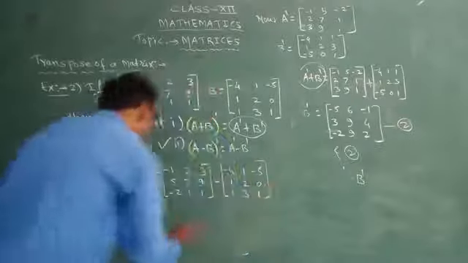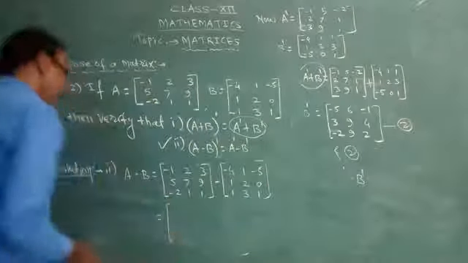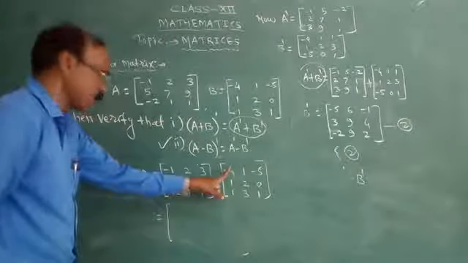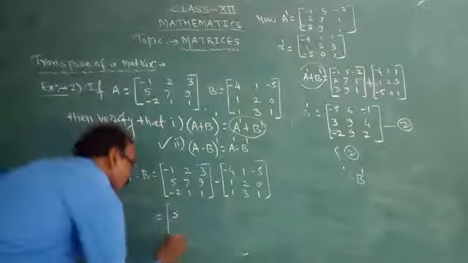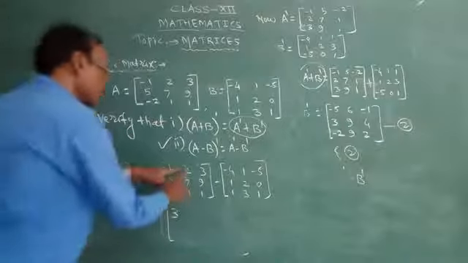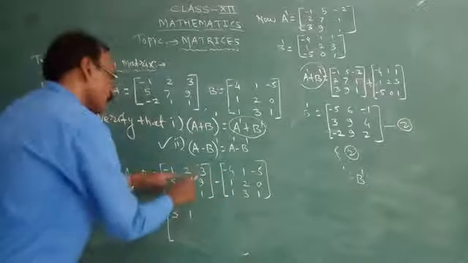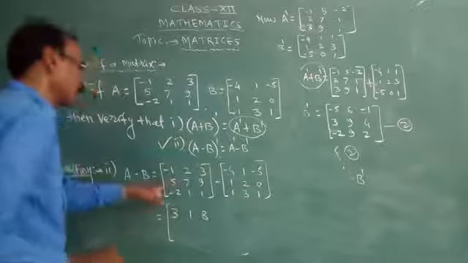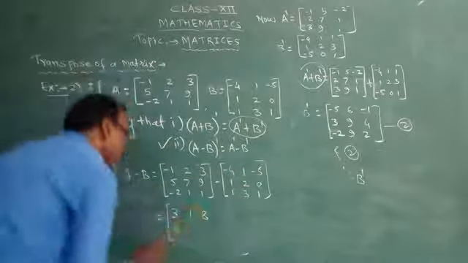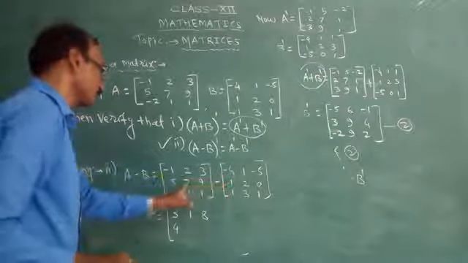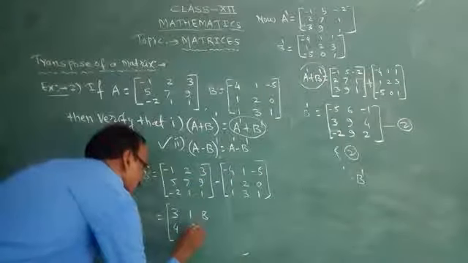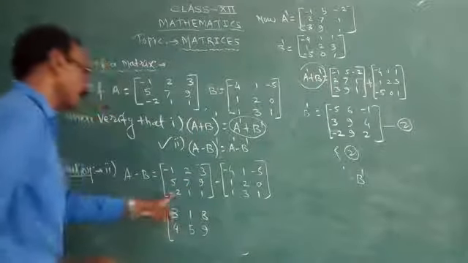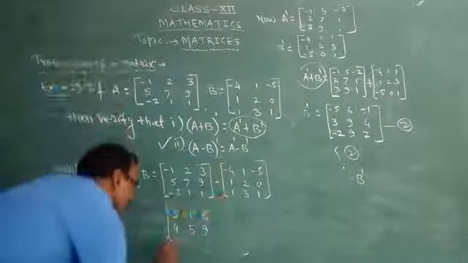So this gives me A minus B. Minus 1 minus of minus becomes plus, so it is 3. Then 2 minus 1 is 1, 3 minus of minus 5 is 8, 5 minus 1 is 4, 7 minus 2 is 5, 9 minus 0 is 9, minus 2 minus 4 is minus 3.